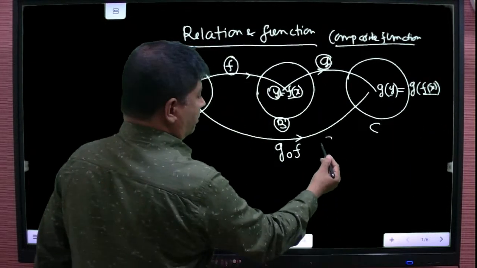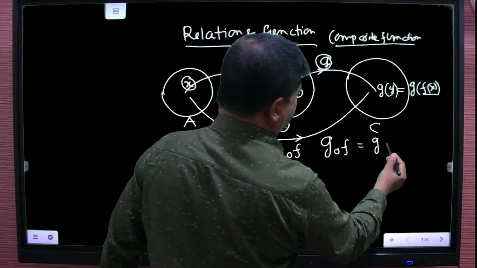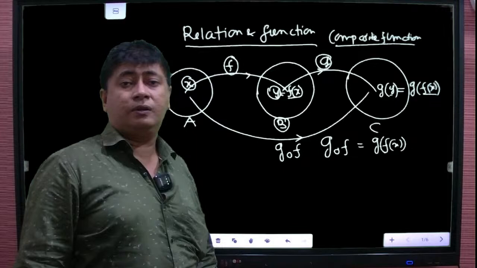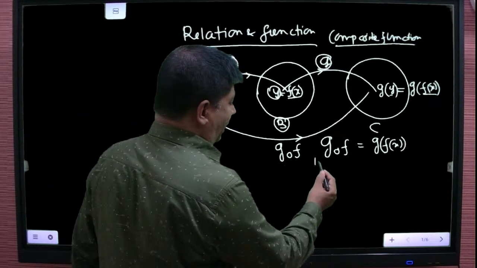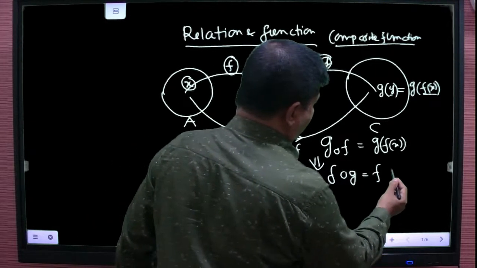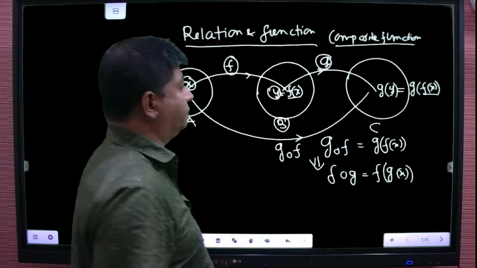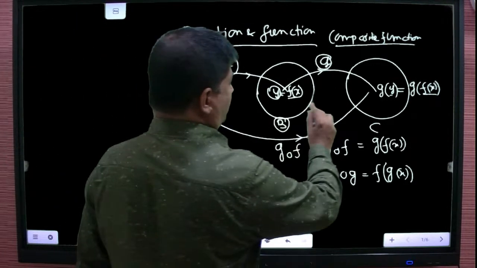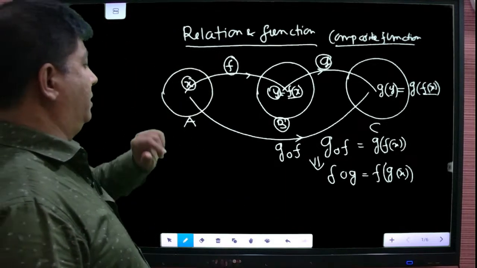So g o f is equal to g of f(x), composition of two functions. Similarly, f o g means f of g(x). So this is called composition of two functions, f and g.